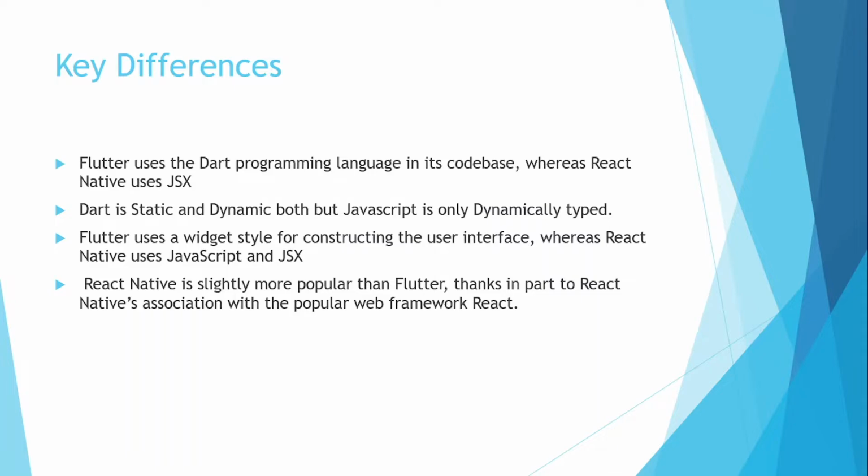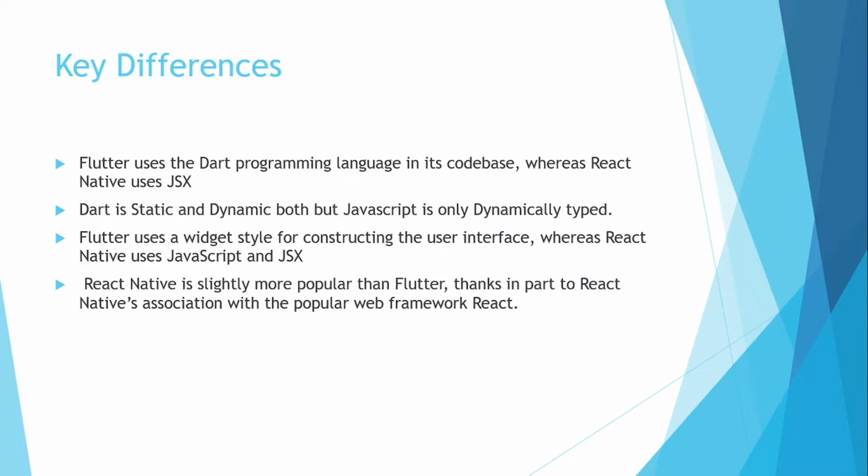And Flutter uses a widget style for constructing the user interface, whereas React Native uses JavaScript and JSX. We have to create all the layouts by ourselves in React Native, but in Flutter, it is pre-made, unless you want to create your custom layout. These widgets or layouts are already created by the Google team, so you can use them without any issue.